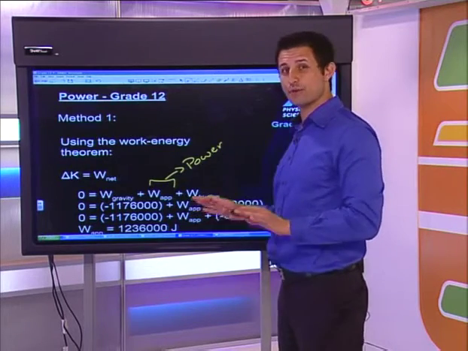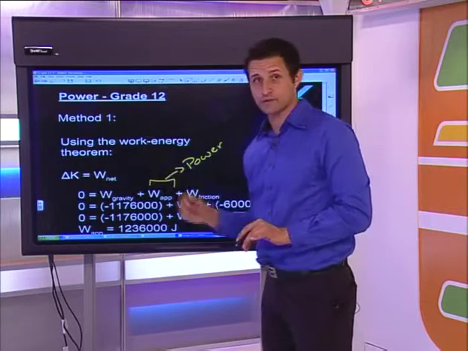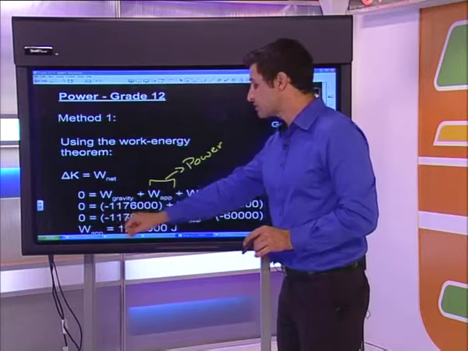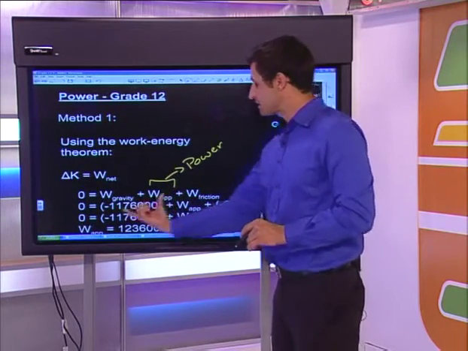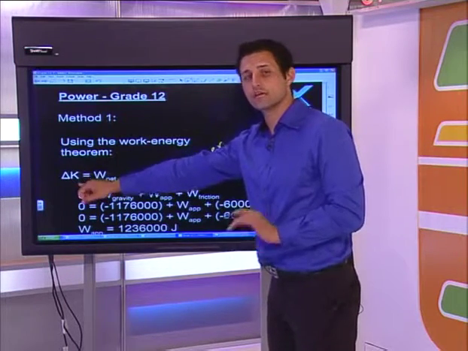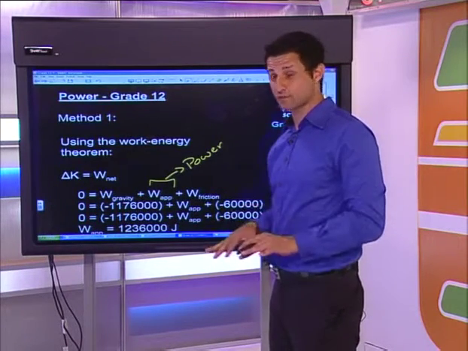Something which I want you to pay attention to is how these types of work affect the amount of kinetic energy that your objects have. You'll see that I've substituted in my work against gravity as a negative number. That means that work done against gravity has a negative effect on the kinetic energy. Going up a hill, gravity slows me down.